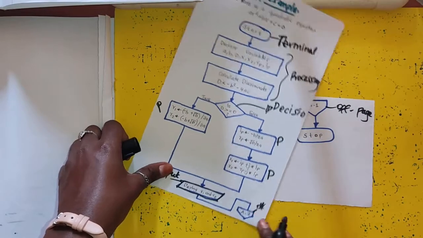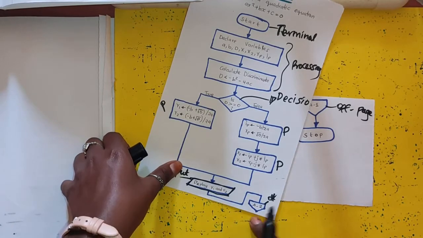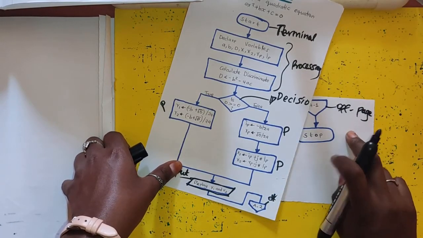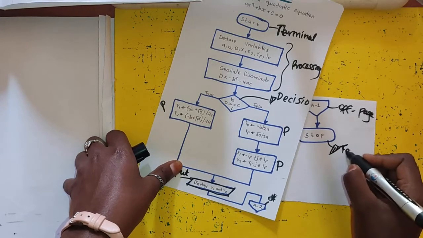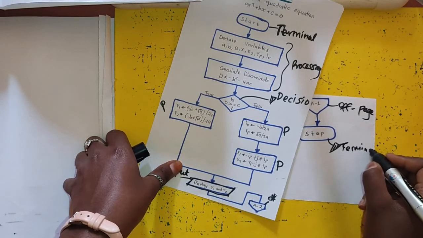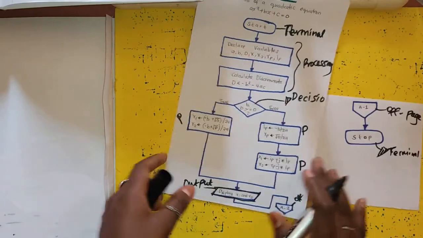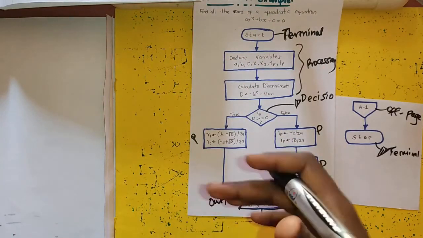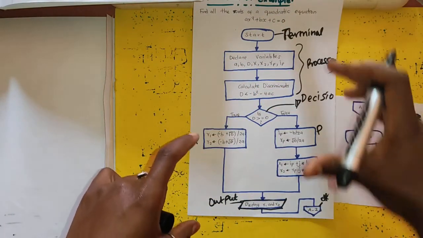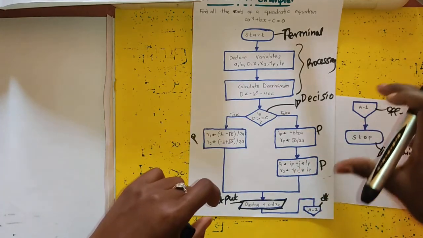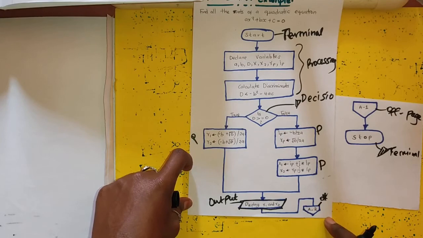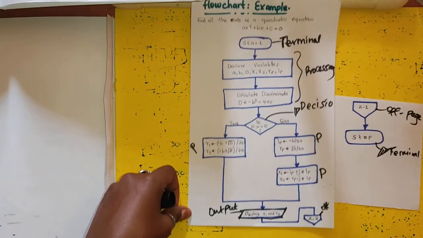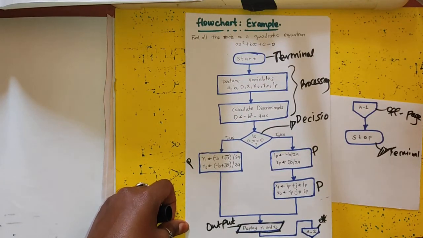That's to show that data is moving from here and it's continuing on this other page. And then this is our terminal. We are ending the program. So our focus was not really on what was in it. It was just how we use the different shapes to represent different things. These are just some of the shapes we may use to represent whatever we need to represent using our flowchart.